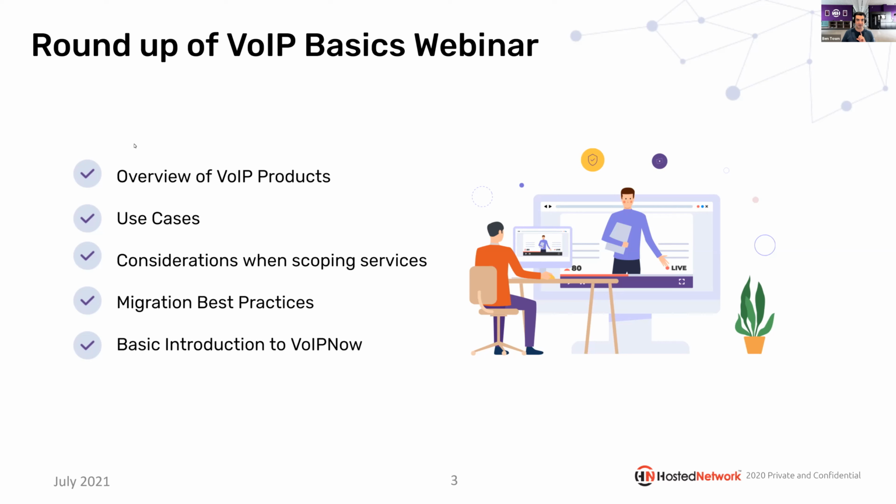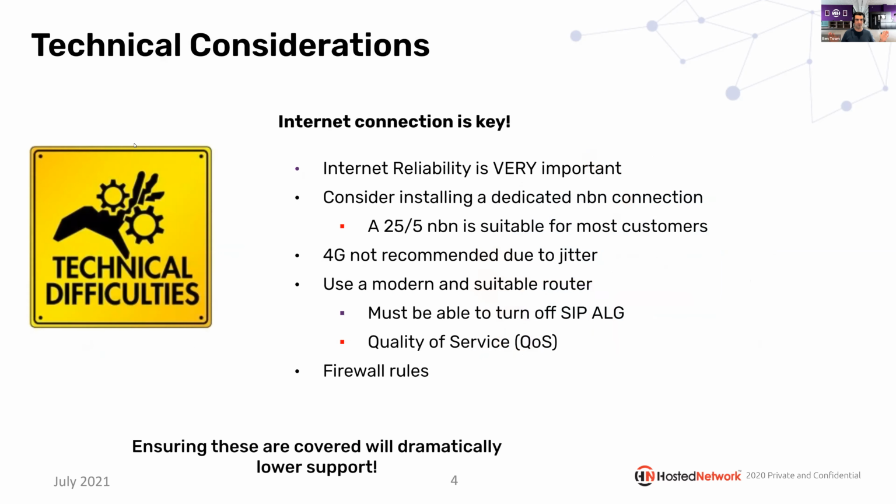Now, we did add this slide last time, but for obvious reasons, we're going to add it again. Dylan, do you want to kick off? Yep. So covering this again, as Ben said, we covered it in the last webinar, but a very common issue is that people go with quite an unreliable internet connection, especially if you've got fiber to the node at the moment.